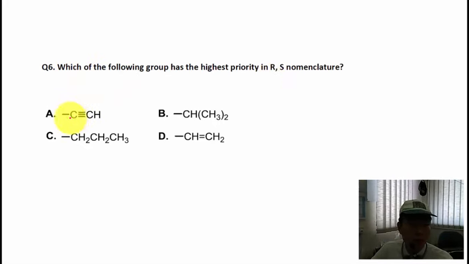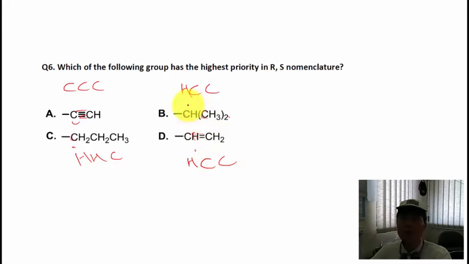So we compare. The first one is still a carbon, same proton number, no fight, right? But we see what it is connected to. Option A. This carbon here connects to a carbon 3 times, so this is C, C, C. For option B, this carbon connects to H and twice to carbon, C, C, H. Option C, this carbon connects to H, H, C. Option D, this carbon connects to H and a double bond to a C, so twice C, so C, C, H. So we can see the answer.